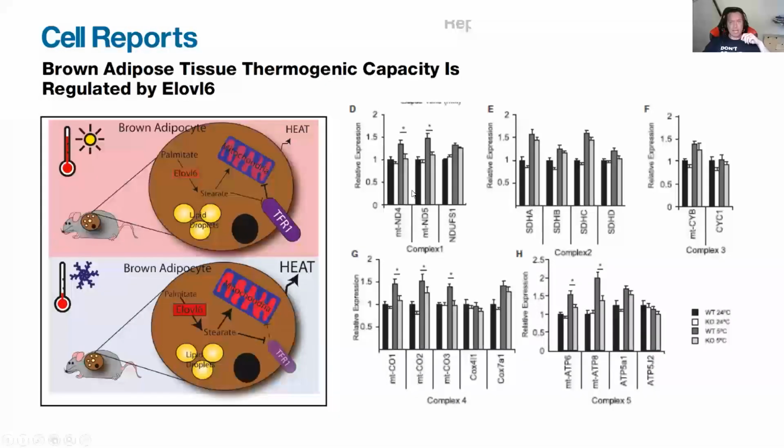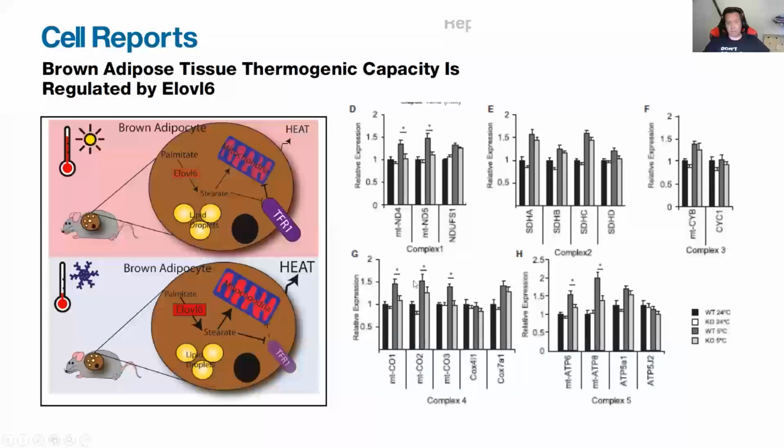Anyhow, what we noted was that when we looked at the relative expression of different components, different complexes of the electron transport chain, so complex 1, 2, 3, 4, and 5, we found in the knockout, so that's the dark and light gray bars, not the black and the white ones, all of the mitochondrial encoded transcripts, indicated by an MT here, were downregulated.